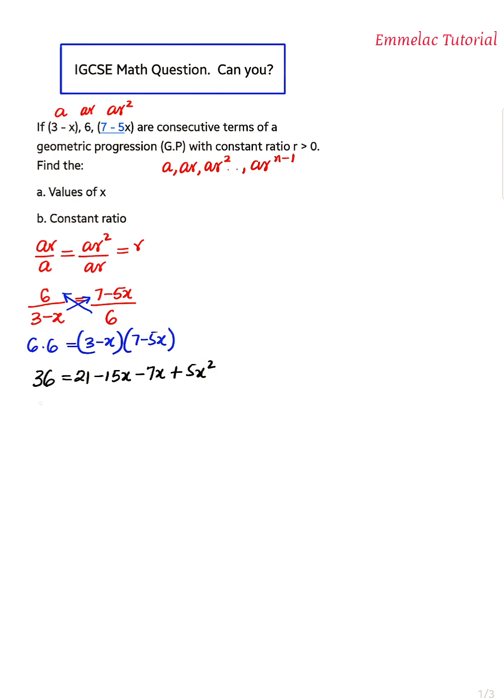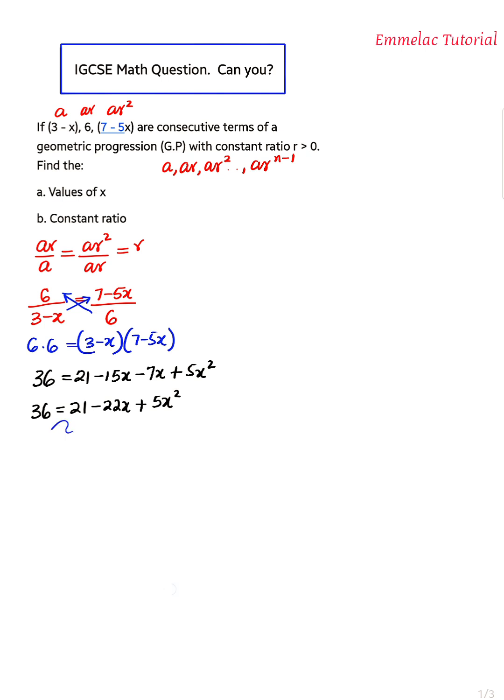So you can just rearrange. We have here 36 equals 21, negative 15x take away 7x gives us negative 22x, then plus 5x raised to 2.